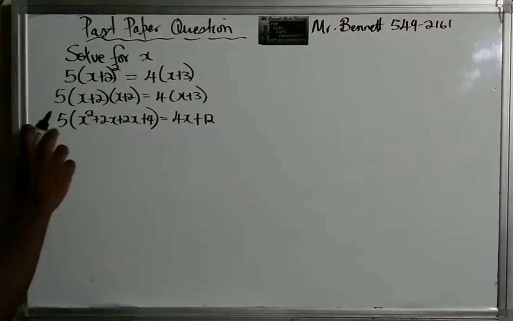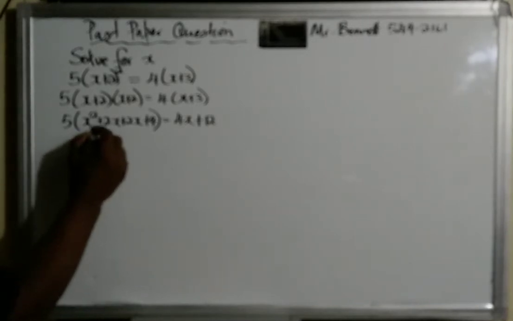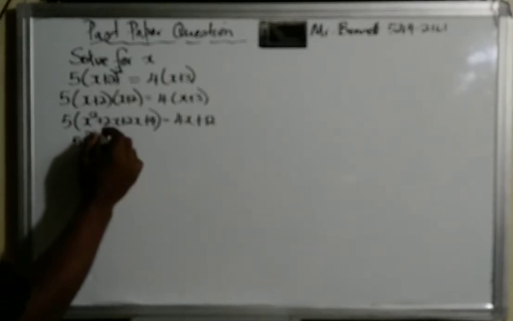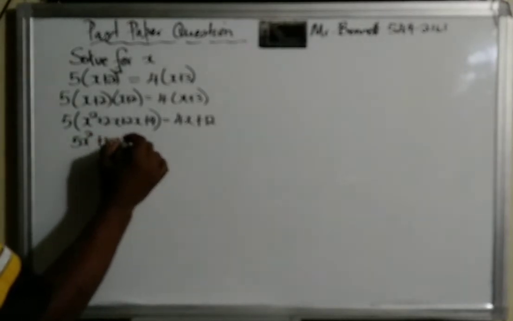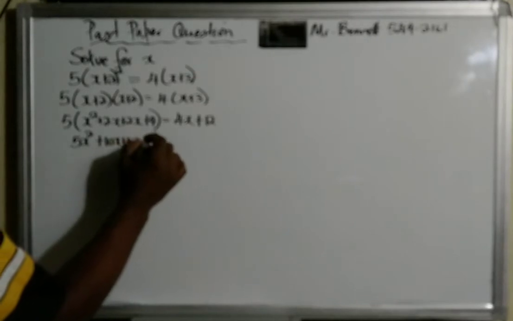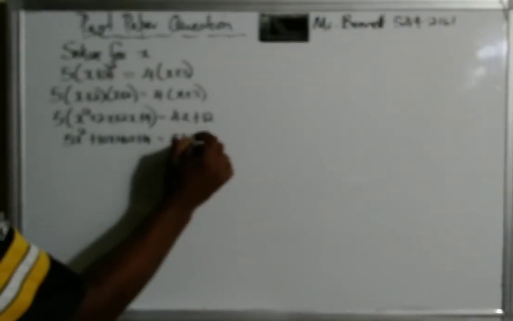Now what we need to do is expand this bracket. 5 times x squared would be 5x squared, and 5 times 2x would be 10x, plus 10x, plus 20, that is equal to 4x plus 12.